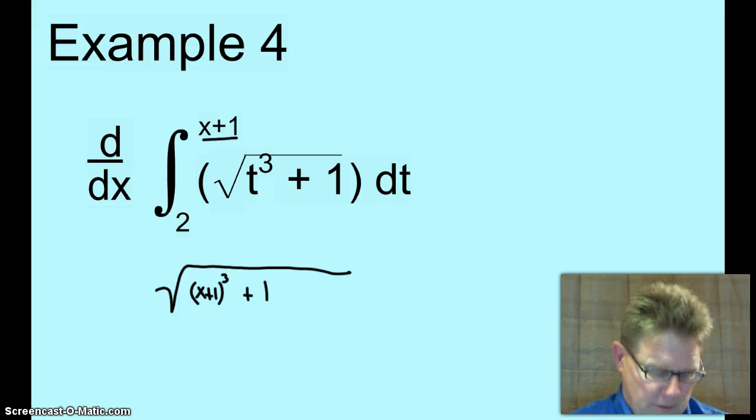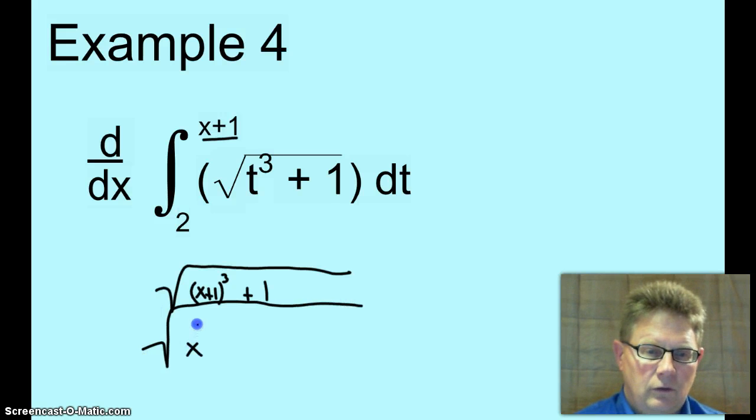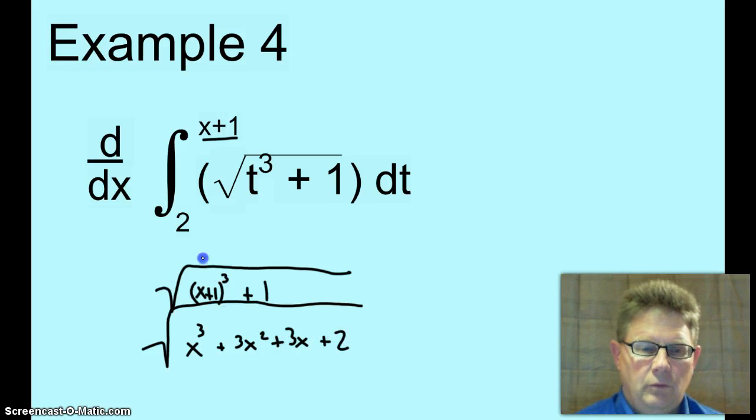Alright, and then if you really wanted to work that out, it would have been x cubed plus 3x squared plus 3x plus 2 if you multiplied that out and added the 1. But it doesn't simplify after that. Alright, moving along.